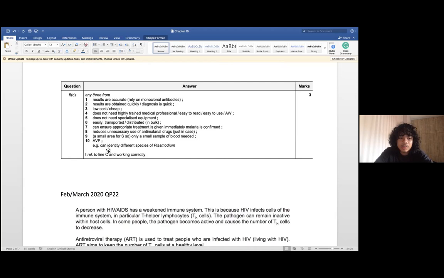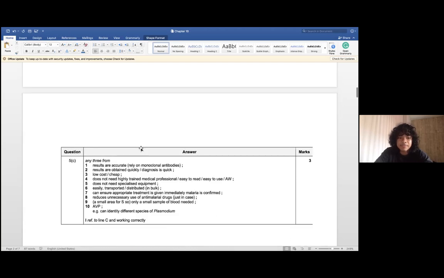And it also can identify different species of Plasmodium.